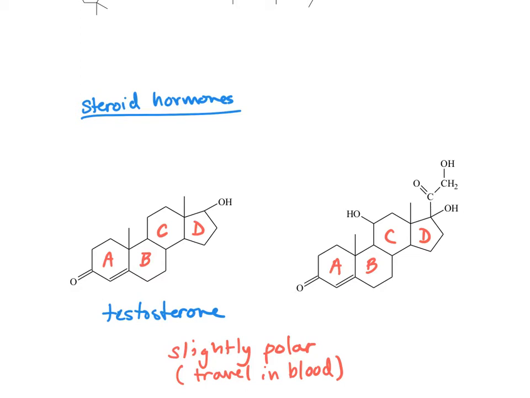The other molecule over here is also a hormone. It's not estrogen, though. This one is called cortisone. And it is also slightly polar and travels in the blood. And the purpose of this molecule is to be anti-inflammatory.